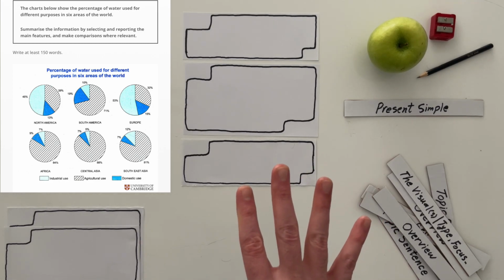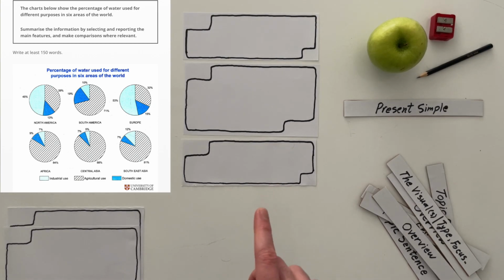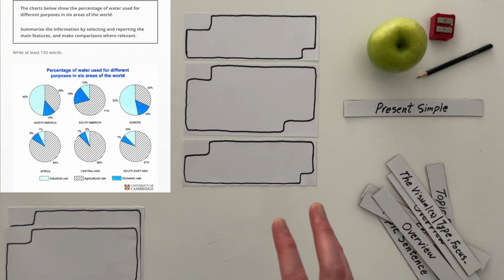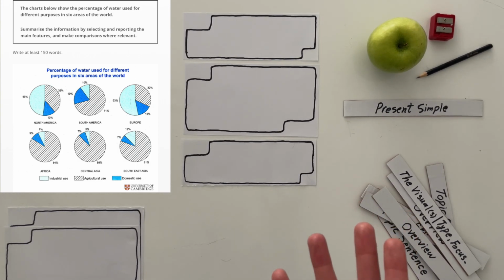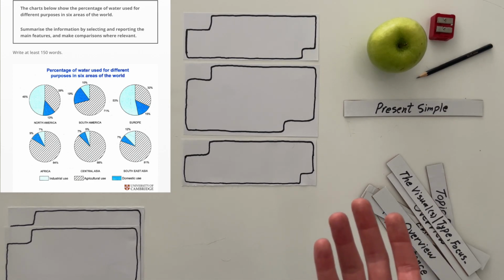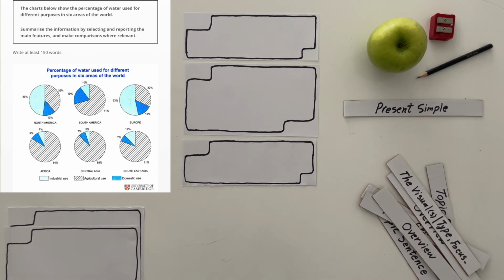The other 4 have this in common, that agricultural use can take up to 88%. It starts from 71 all the way to 88. 71 is more than 2/3. So this is a significant proportion of water consumption.